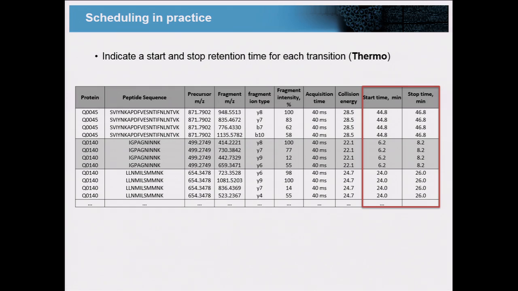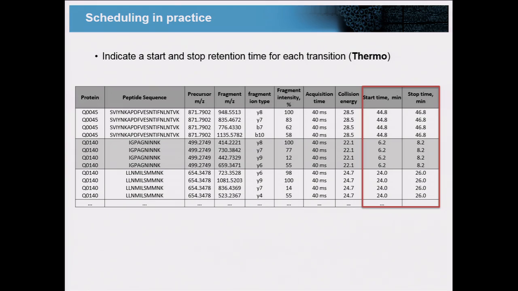If you're using Thermo machines, you need to specify the window yourself. So you need to say, I want to start from this time point and to stop at this time point. What is nice here is that you can set different windows for different peptides. So some peptides, if you think you know very well, can have a very narrow window, and for other peptides, you can have a very big window.